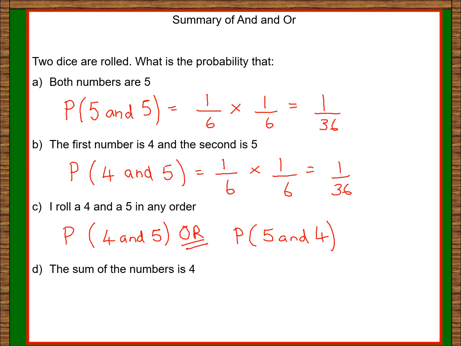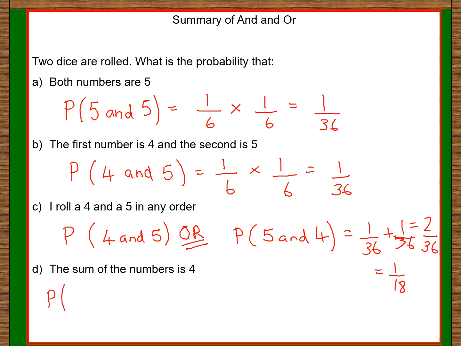Now, based on what I just said, a 4 and a 5 has a probability of 1 out of 36, but a 5 and a 4 also would have a probability of 1 out of 36 by the same logic. But because we're allowing either or to happen, we need to add these together. So, my apologies, I'm running out of room. My probability here would be 2 out of 36, which we could simplify by halving that to 1 out of 18. And finally, what about the sum of the two numbers is 4?